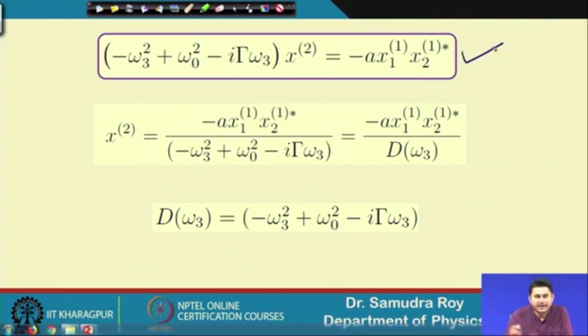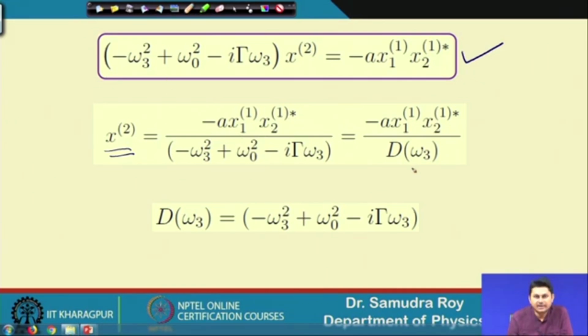We have this equation in my hand, omega 3 square. This is the same equation that we derived in the last slide, and from there if I want to find my x 2, we divide this by this quantity, that is, minus a x 1 x 2 star divided by the entire stuff, that means this one.